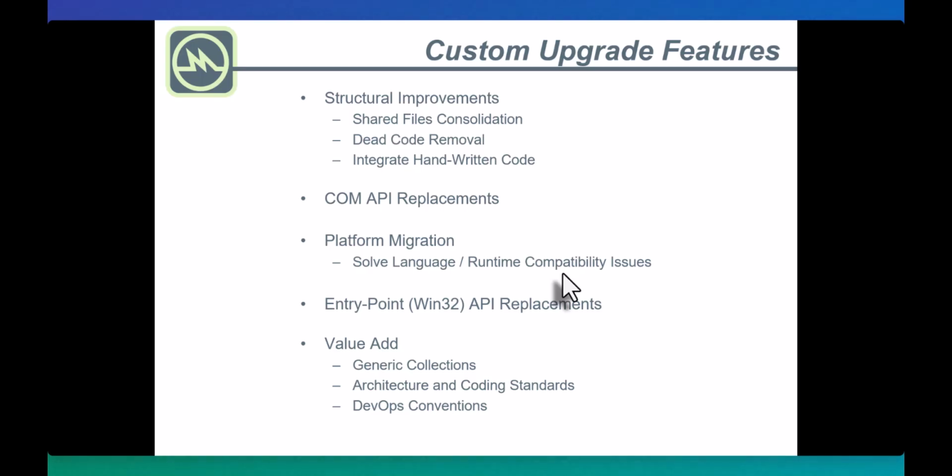Also, if you want to get rid of Win32 API calls and replace those with .NET services, as well as value-added features, implementing generic collections, various architecture and coding standards, or DevOps conventions, whatever it is, there's really no limit to what you might want to do as part of your upgrade. And gmStudio is designed to have the flexibility to allow you to do those things.